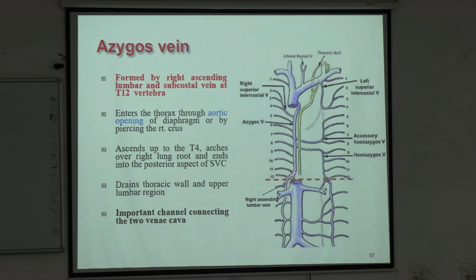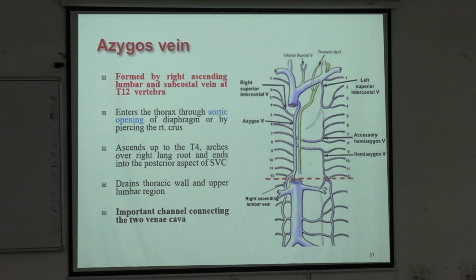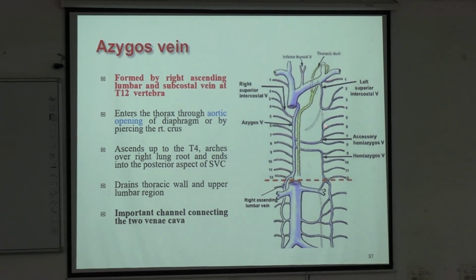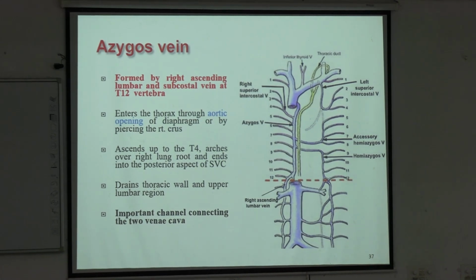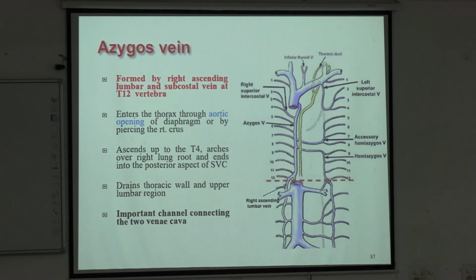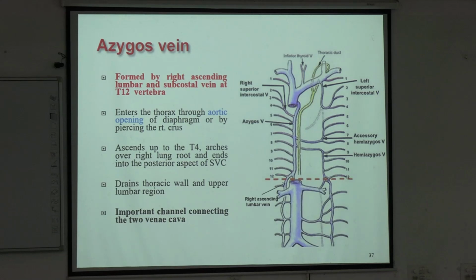It enters from the abdomen through the diaphragm, runs in the posterior mediastinum, and then ends into the superior vena cava, arching over. Before it ends, it makes an arch. We call this the arch of the azygos vein. The drainage point is at the second costal cartilage, so keep that landmark in mind.